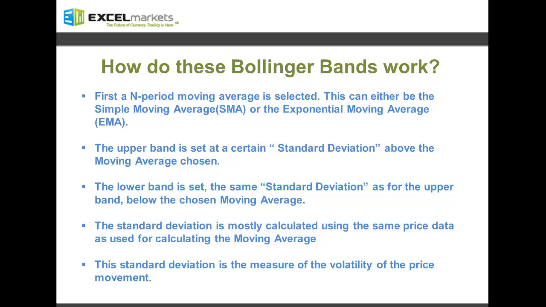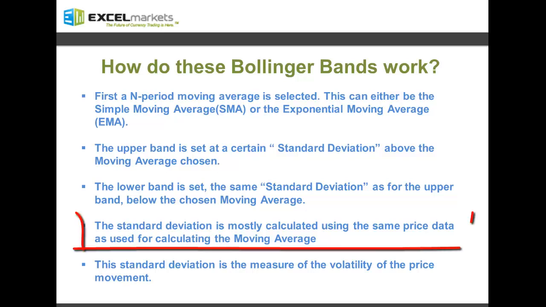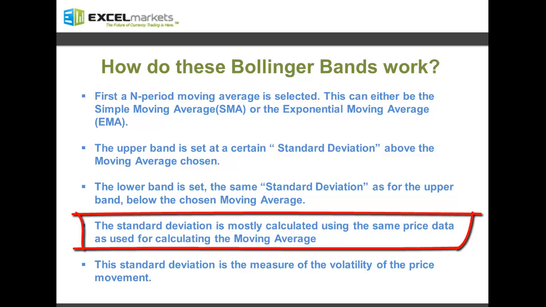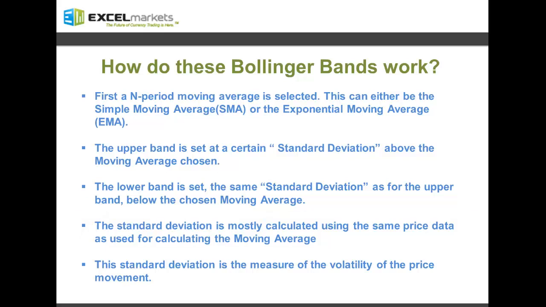This standard deviation that is used is mostly calculated using the same price data that is used for calculating the moving average itself. The standard deviation is the measure of the volatility of the price movement of the financial instrument to which it has been applied.